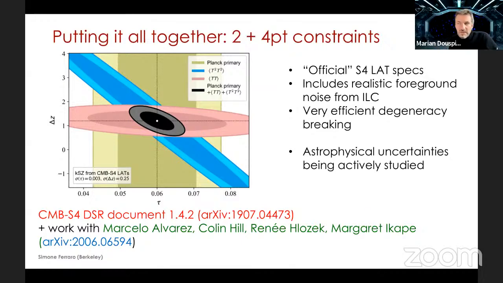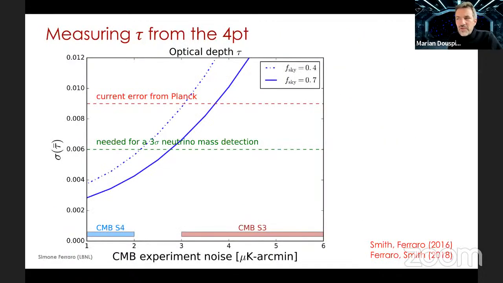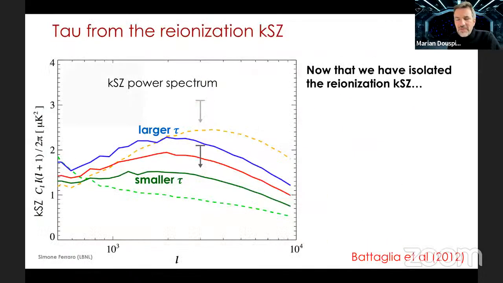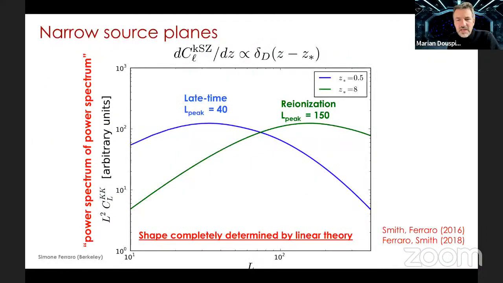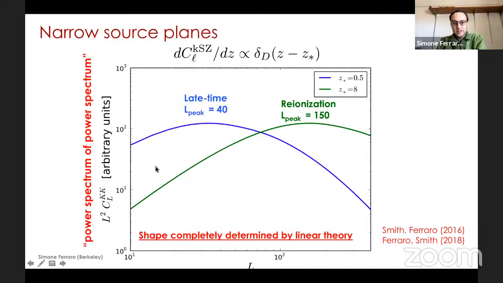Quick question, there's a question on the chat. How much do the shape or peak of the C_L^KK change with the reionization curve, due to the dependence of the halo masses driving reionization? Oh, so this shape does not change at all, because it's really just the modulation done by the velocity field that determines the shape.